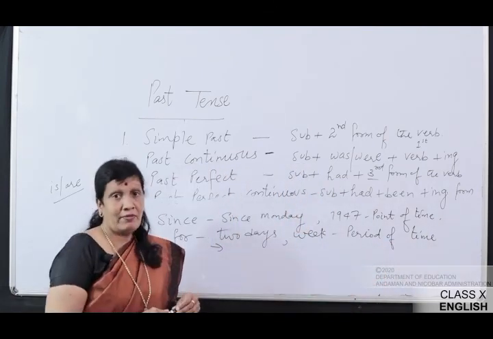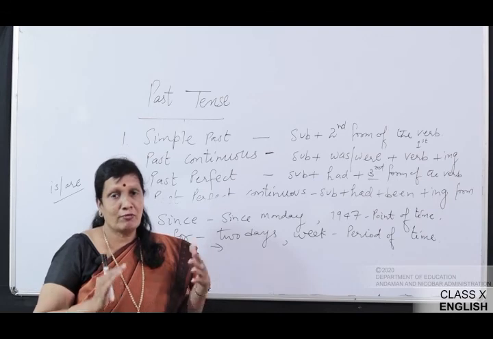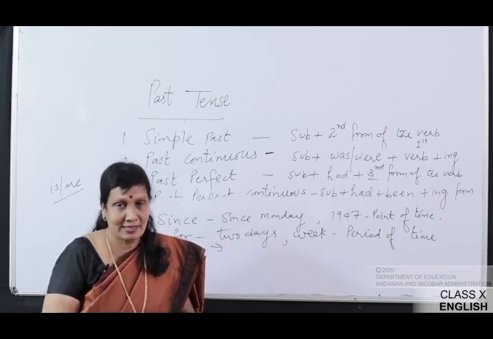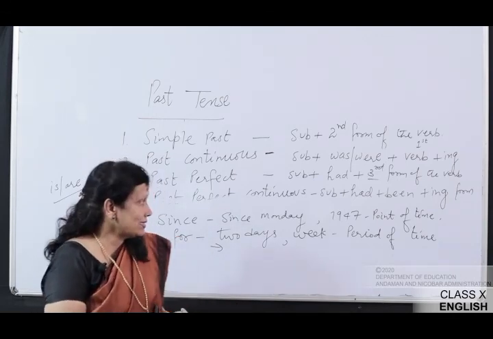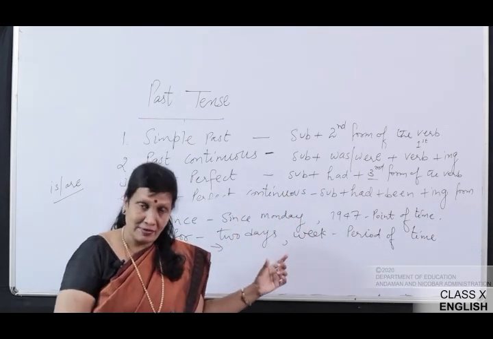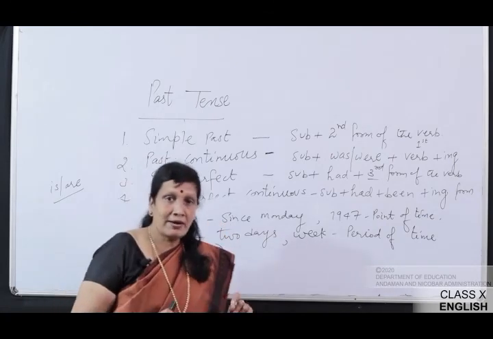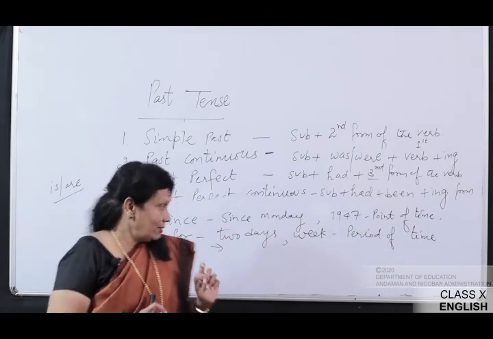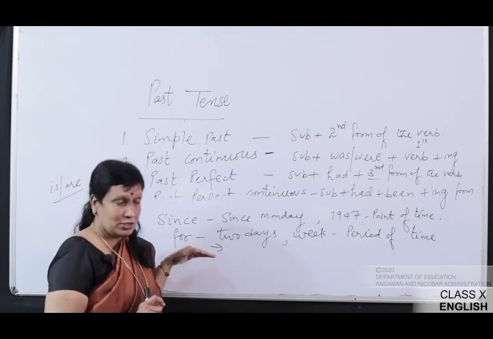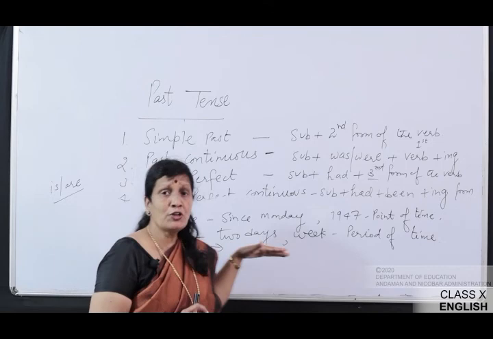Okay, for example, when you write a leave application, you write, I have been suffering from fever since last night. That means a point of time, since 1947. From that point it started, since Monday. Okay, now for you use for a period of time, for 2 days.